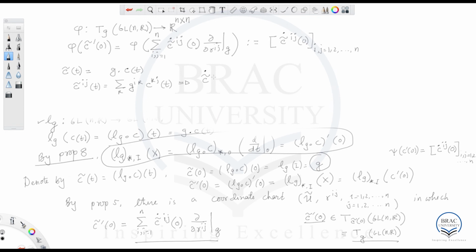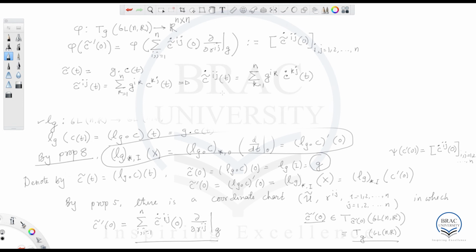I can take g_ik out of the derivative because they are independent of time. Using the linearity of the derivative operator, we can write it as the sum over k from 1 to n of g_ik times c dot kj of t, right?